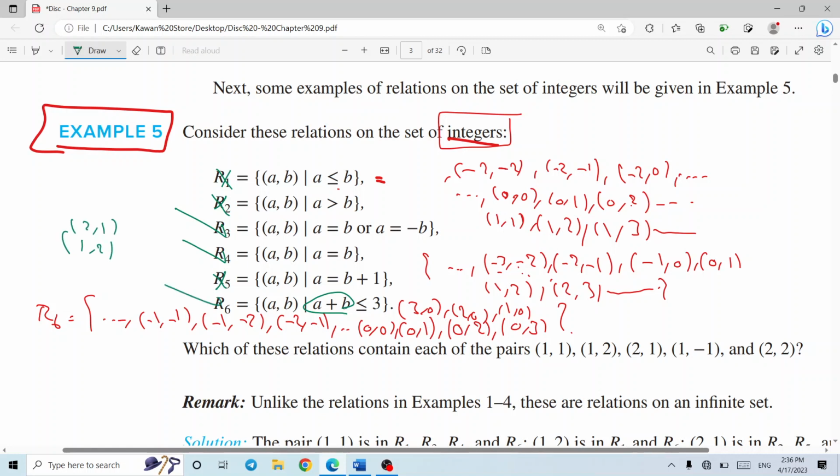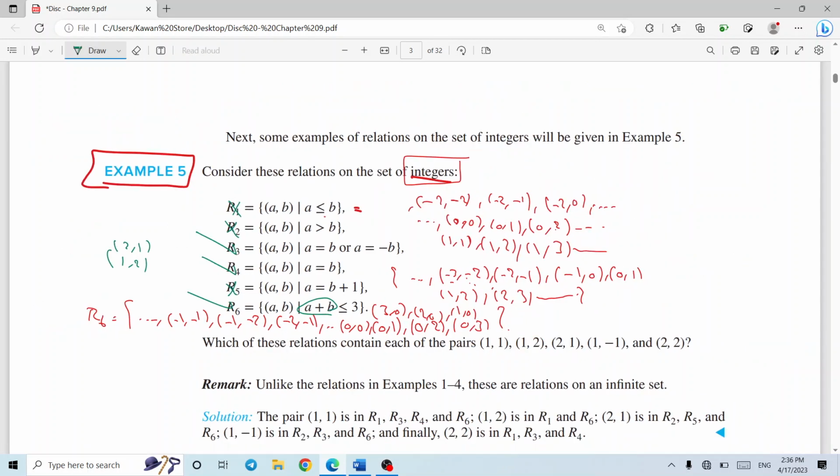So yes, it's reflexive. You can check every element. From the negative part, all are reflexive. For 0, 0, also reflexive. 1 and minus 1, 1 and 2, minus 1, you can reflect it. So this is the example, and you need to think about it.